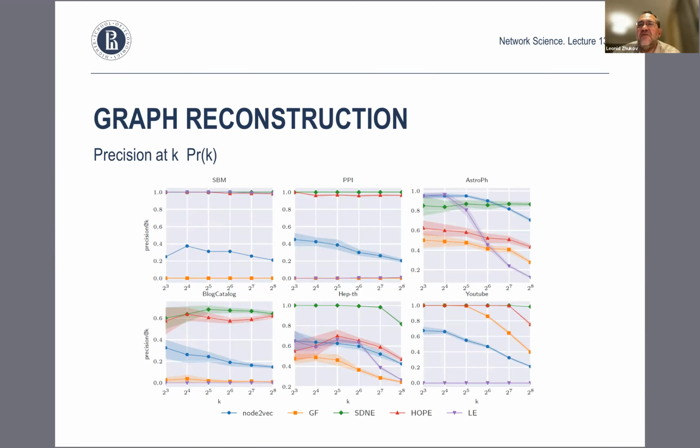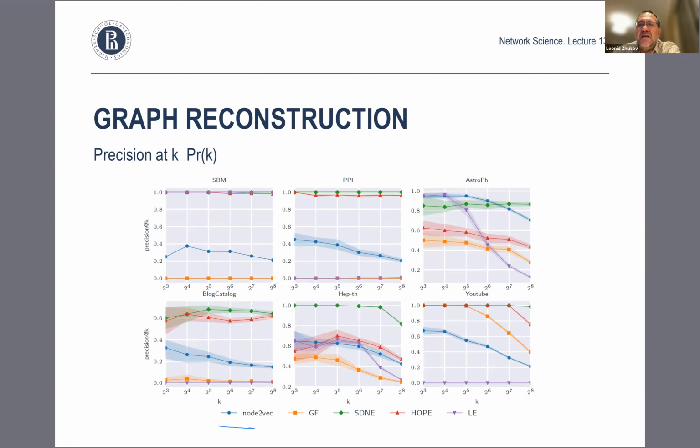That's typical for any information retrieval system: the larger the prediction window, the more mistakes you make. But what's interesting is that though node2vec is quite easy to explain and reliable, it doesn't perform the best on all of those data sets.